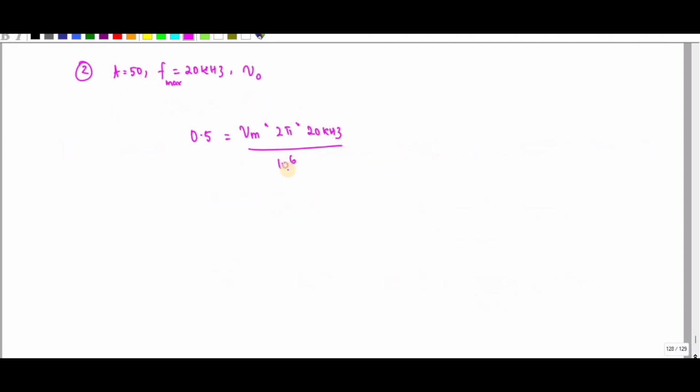So Vm is equal to 0.5 into 10 power 6 divided by 2 pi into 20 kilohertz. If I solve, I will get 3.98 volt. The V peak to peak value is 2 into Vm, that is 2 into 3.98, which is 7.96 volt.